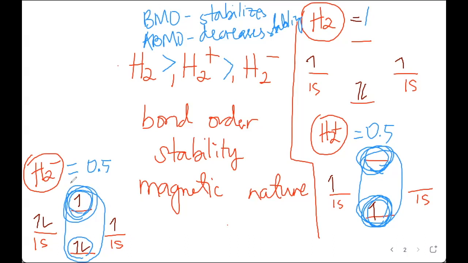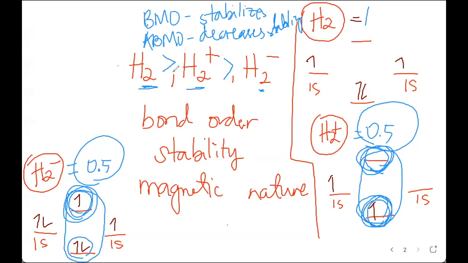Kasi ang ginagawa ng ABMO, binabawasan yung stability ng ating molecule. Kung wala kang electron sa ABMO, mas stable siya. So, gagawin mo lang yung comparison kapag pareho sila ng bond order. So, according to stability, H2 is the most stable, followed by H2 positive and the H2 negative.